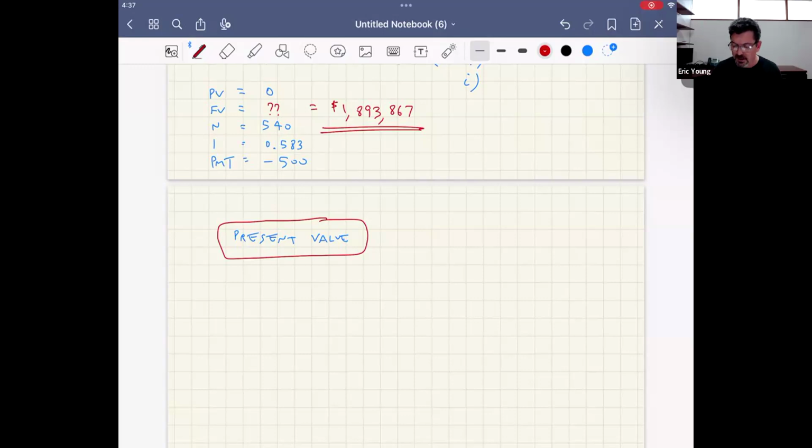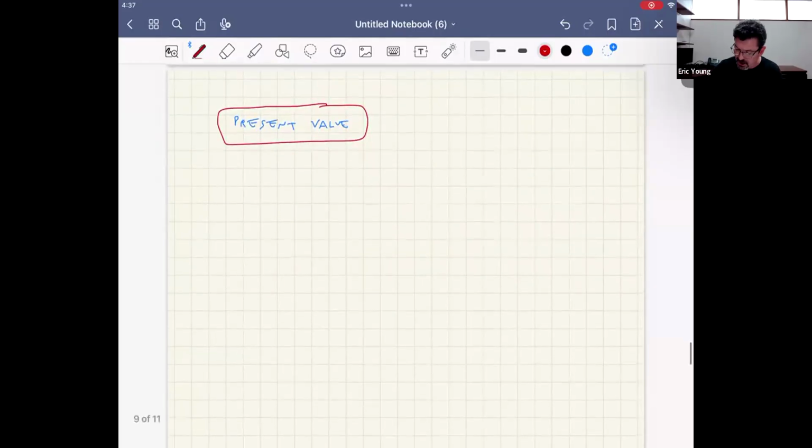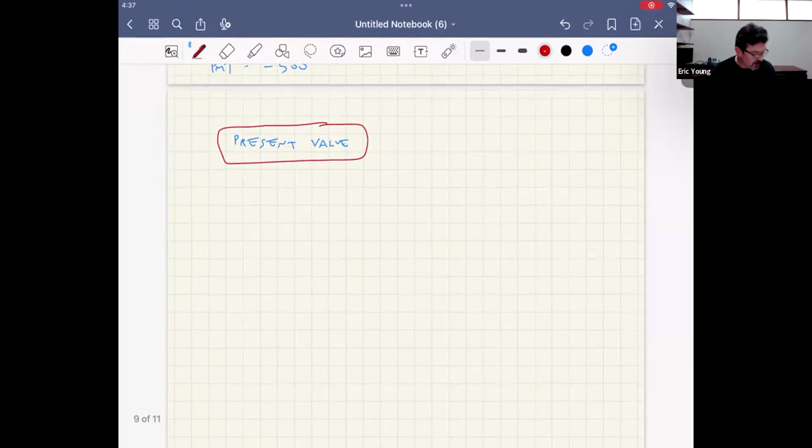Let's conclude our discussion of the time value of money now by doing a little quick presentation on present value. Okay? Present value. We're going to start off with the present value of a lump sum. When we're talking about the present value of a lump sum, what we're asking is how much is a lump sum of money that you're going to get in the future or that you want to get in the future worth today?